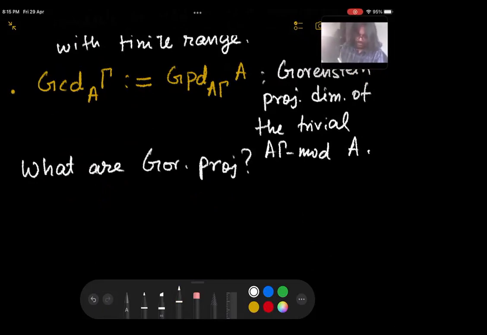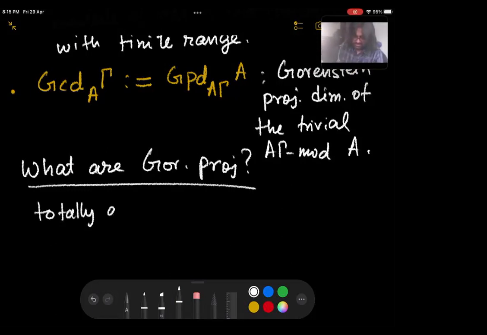Well, to get there, I need to give you one more definition, and that is the definition of a complete resolution. But I'm not going to use the word complete resolution. Instead, I'm going to take a shortcut and use the word totally acyclic. So what is a totally acyclic complex? I'm guessing, again, many of you in the audience know this.